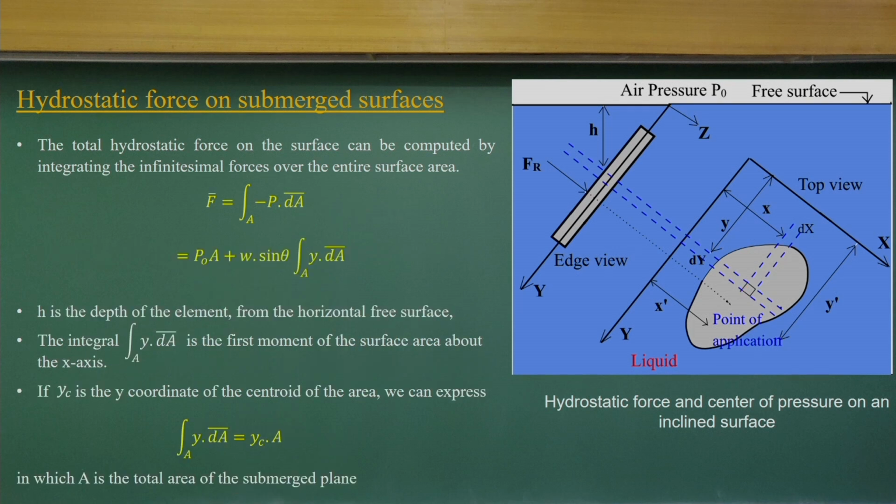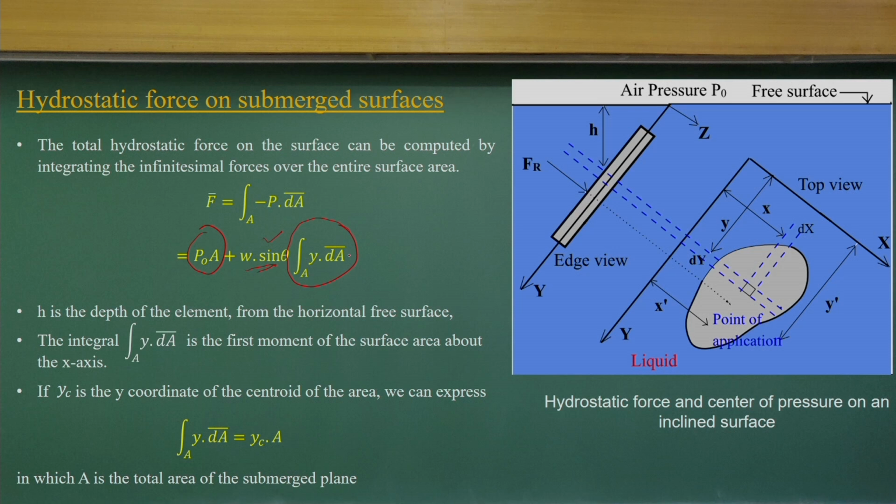Now, if I integrate this part, one component will come with atmospheric pressure times A, and another component will be w sin theta times y dA, just resolving the components.